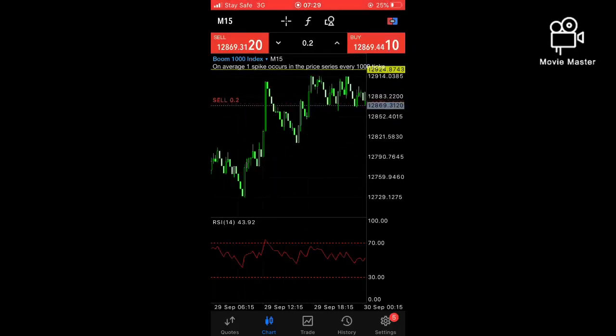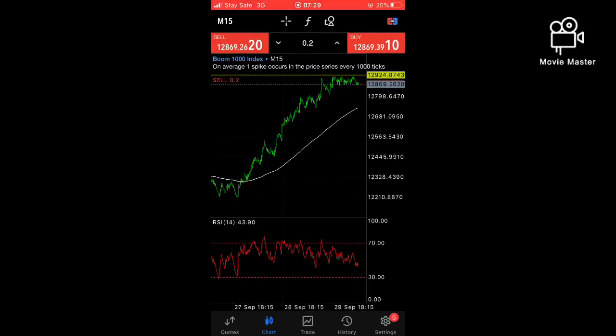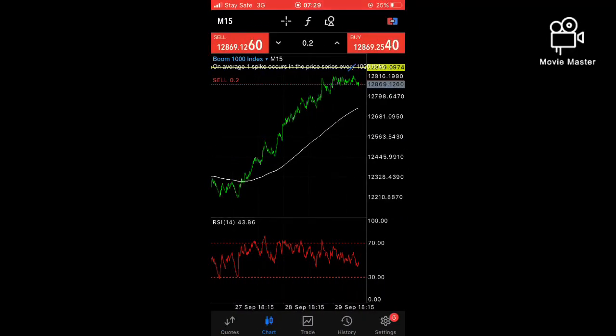Yeah, let me leave it this way. Looking at this chart, as you can see, the market is making higher highs. This is a sign of divergence.